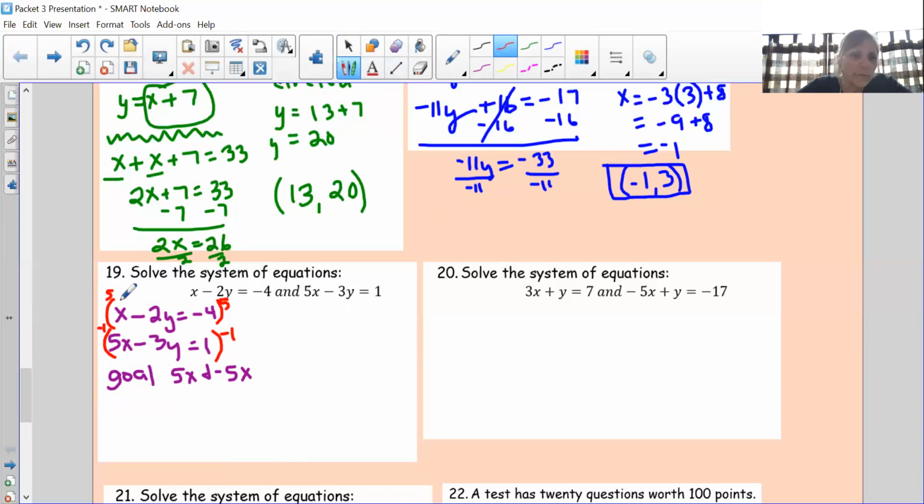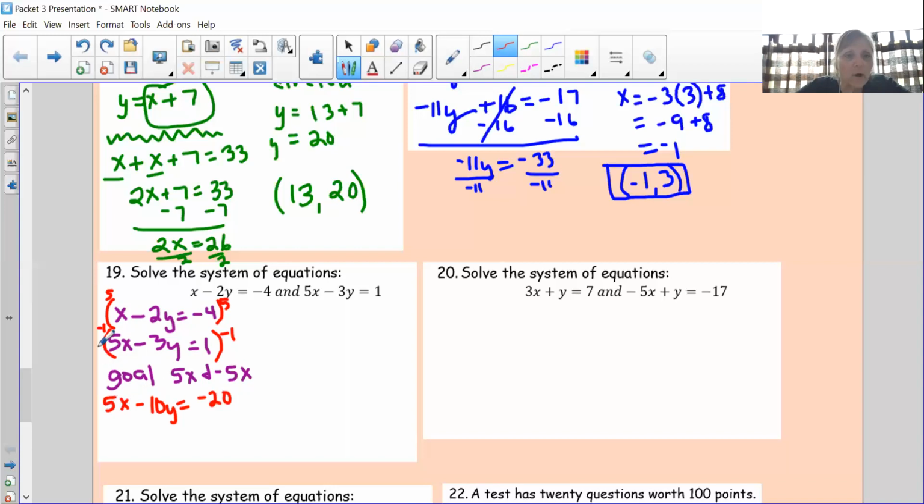Okay, now what is that going to do for me? Let me show you. I will have 5x here, 5 times x, 5 times negative 2y, which is negative 10y. 5 times negative 4 is negative 20. Okay, now do you see the 5x? That was my goal.